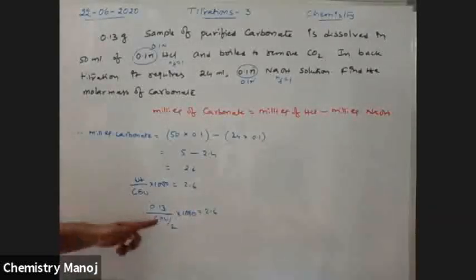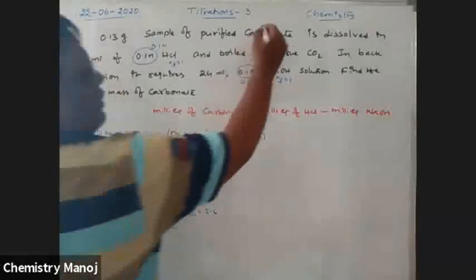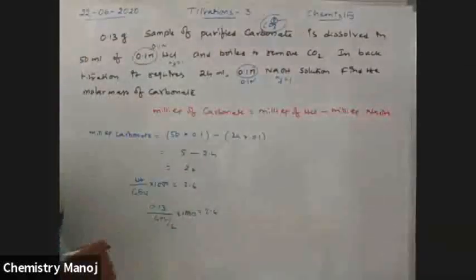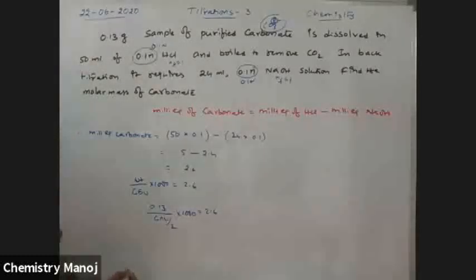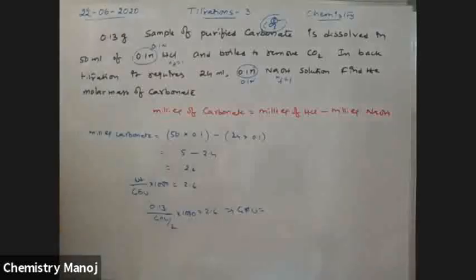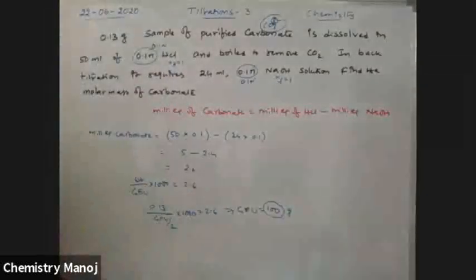Carbonate is nothing but CO3 2 minus, therefore n factor is 2 only. So finally, gram molecular weight is, we will get 100, I think.